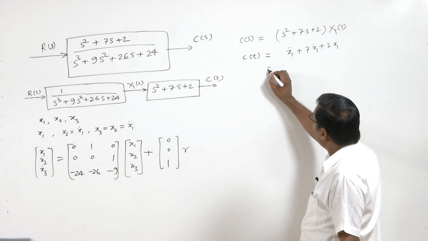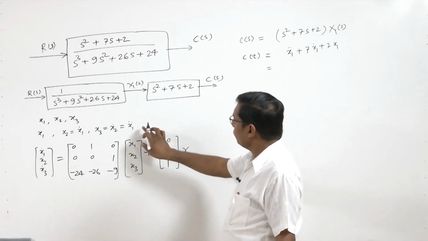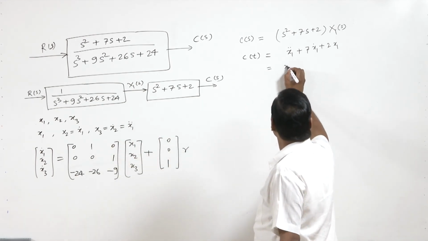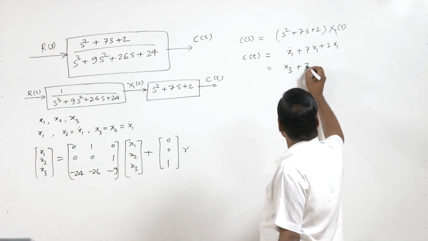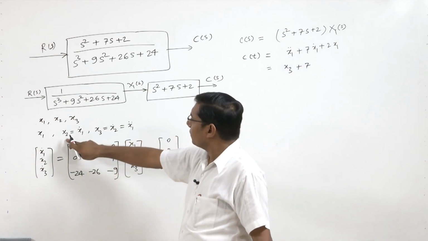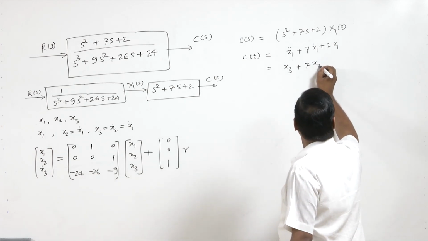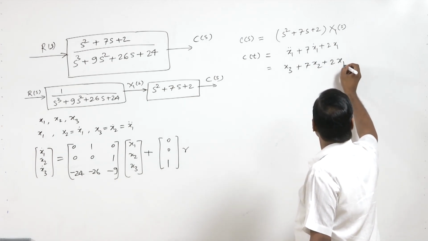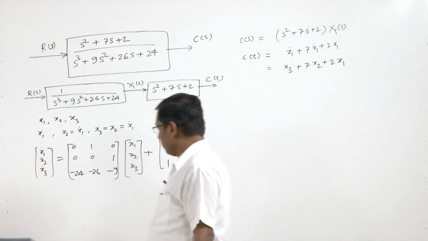So here x1 double dot is equal to x3, plus 7 x1 dot is x2, plus 2 x1. So we are representing it in terms of state variables.